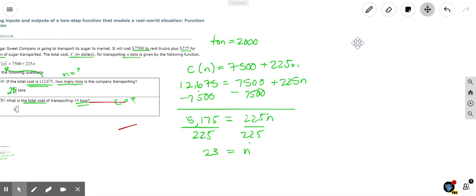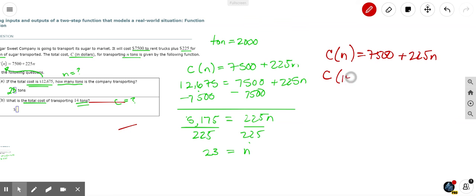Now we're plugging in for the tons. So same equation, C of N is equal to 7,500 plus 225N, except this time we are finding C of 14: 7,500 plus 225 times 14.